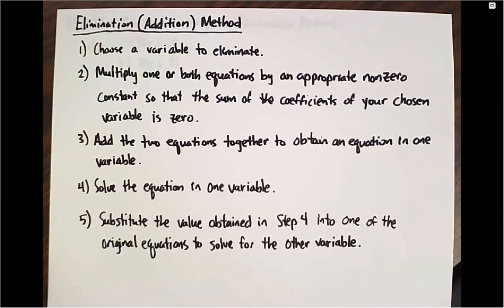And then you find the value of the other variable. So you end up with an x and a y. And so your ordered pair is your answer. x comma y.